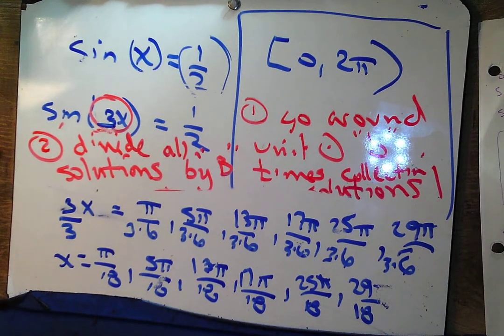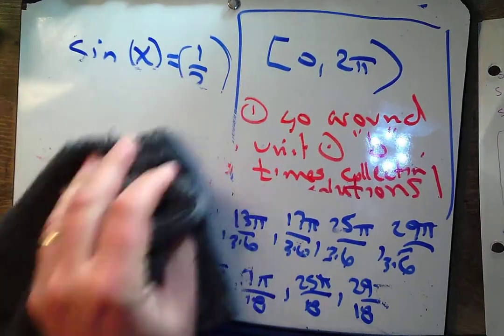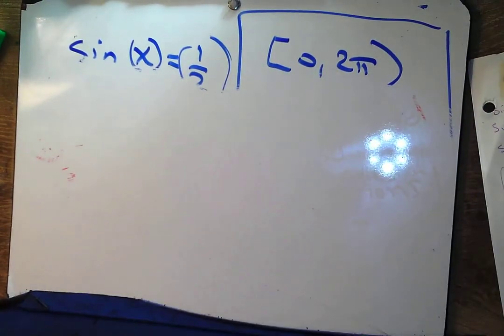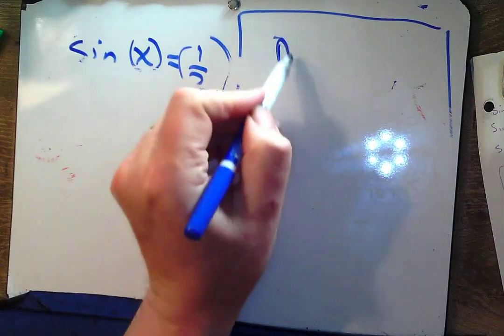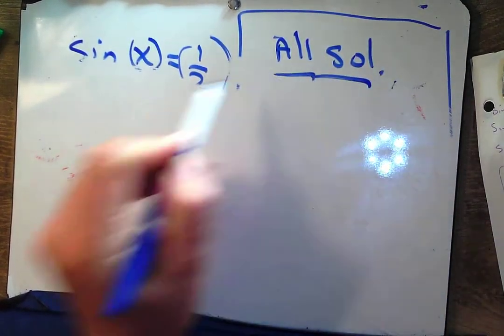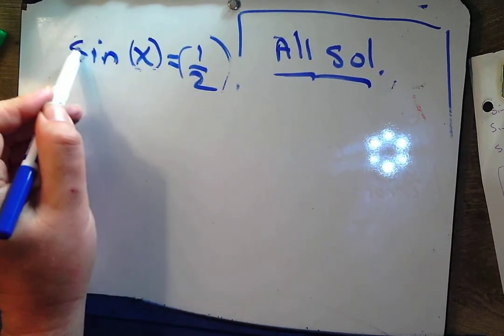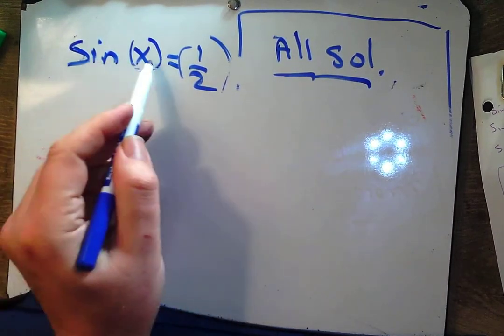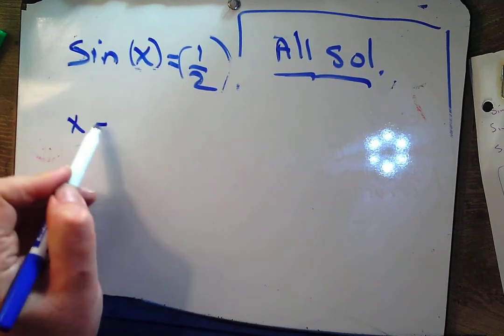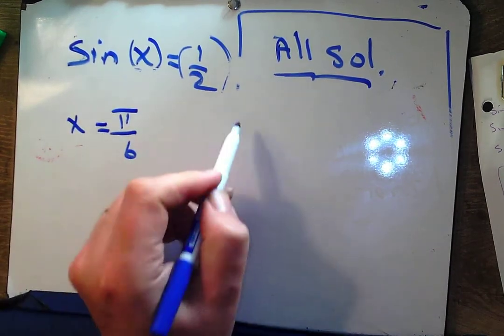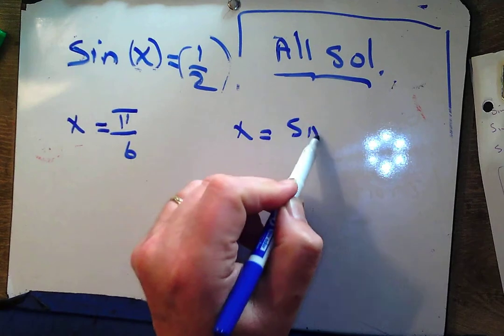Good. So now let's go back and think about, can we do the same thing if we're talking about all solutions? Okay. So originally we would say, or even in the last video, we would say, okay, when is the y value 1/2? That happens when x equals pi over 6 and x equals 5 pi over 6.